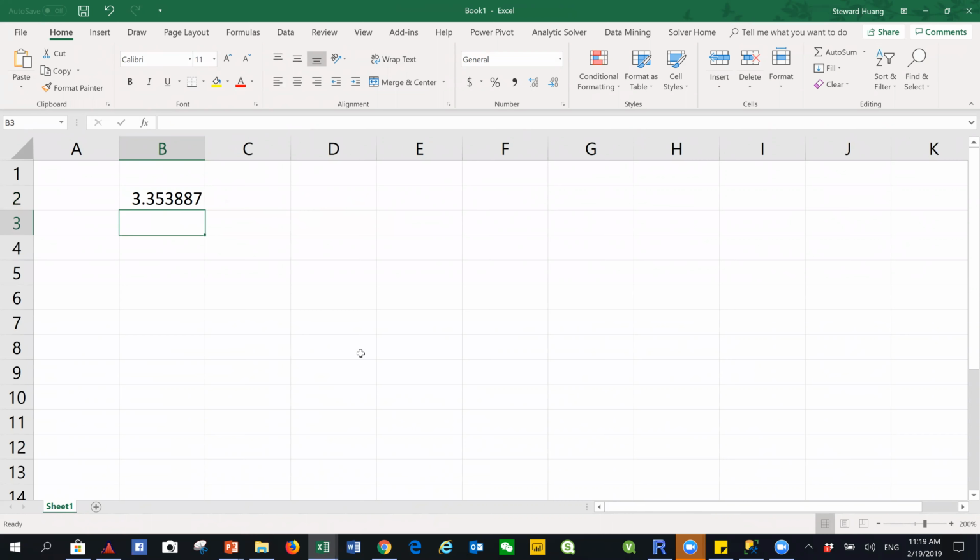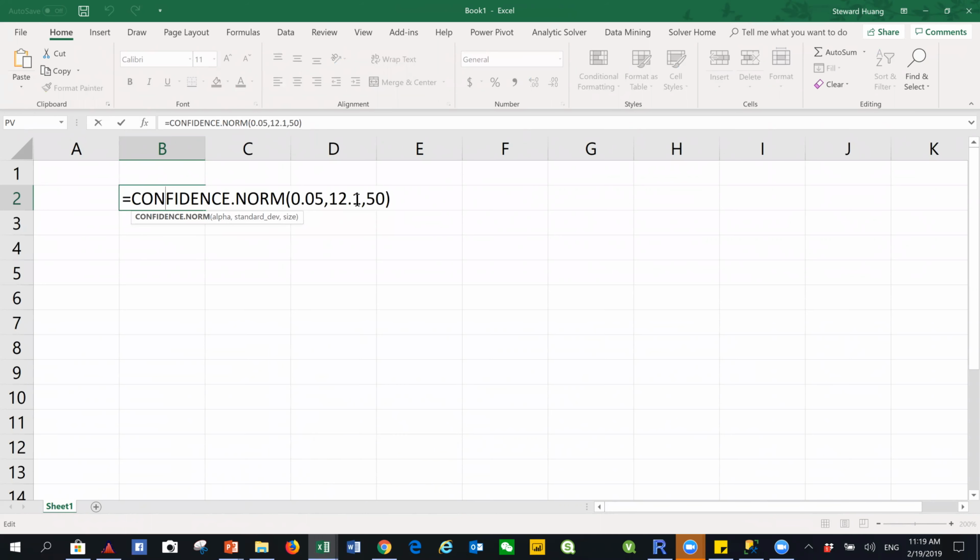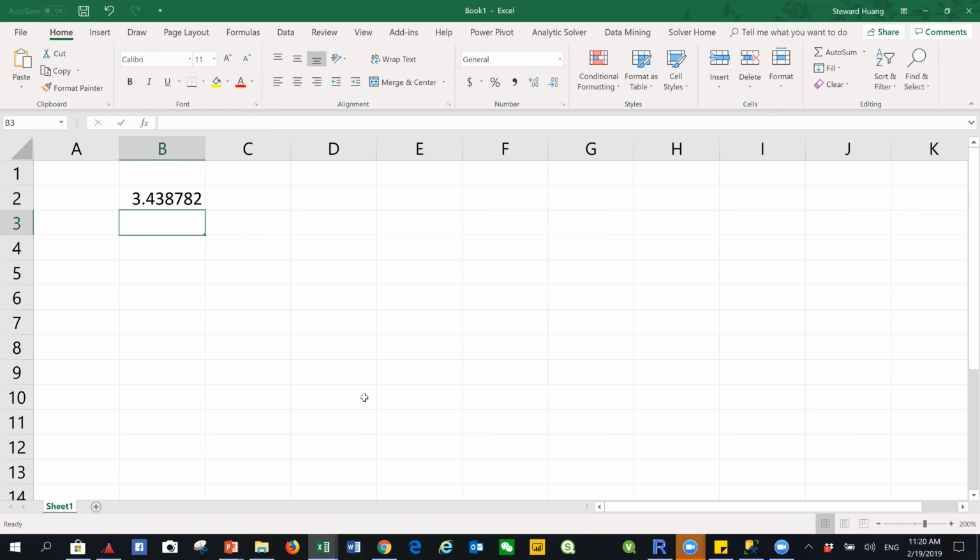Okay, and this is given that 12.1 is the population standard deviation. If you don't know the population standard deviation, then you will have to use T instead of norm. Once you use T, with sample size 50, standard deviation, and alpha, you get 3.43.